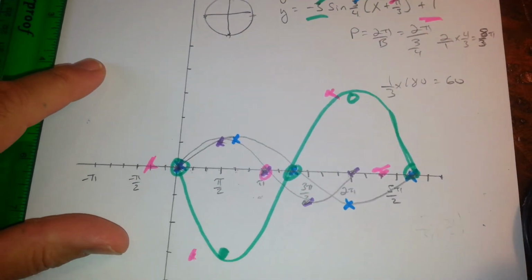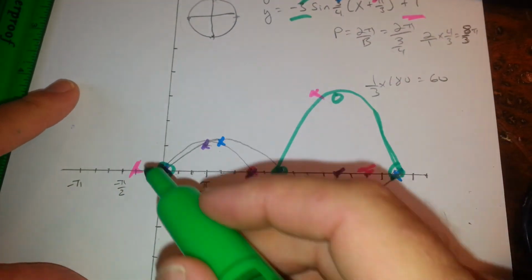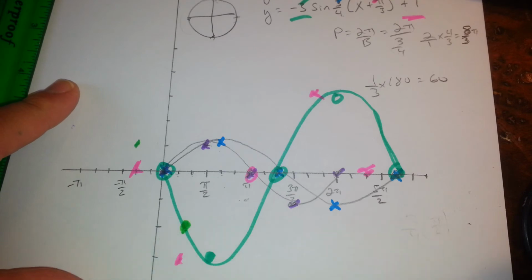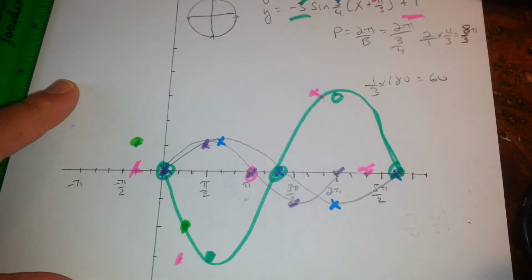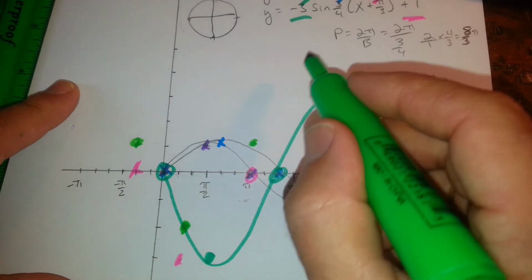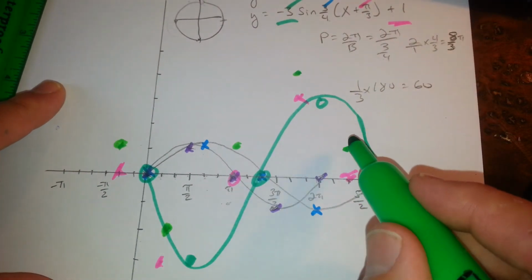Alright, so now from this last pink, let's move up 1. I'm moving the pink. Up 1 here, here, here, and up 1 here. And that's our final graph. There we go.